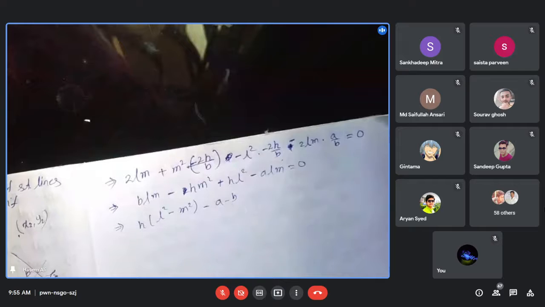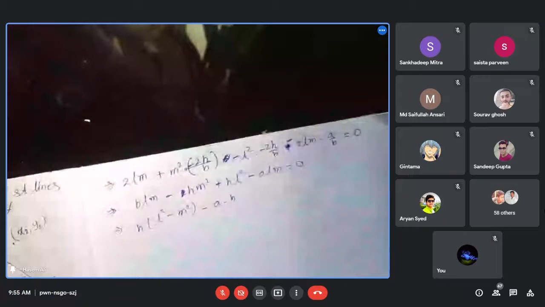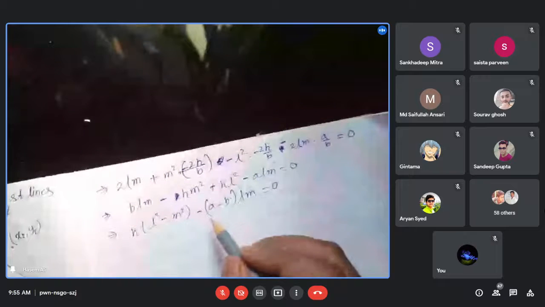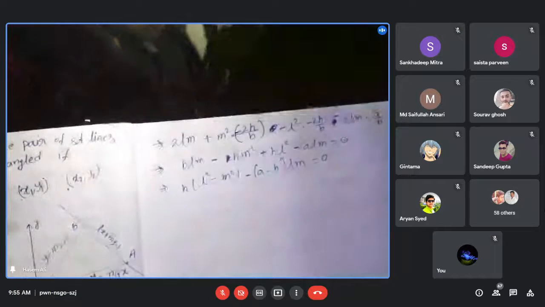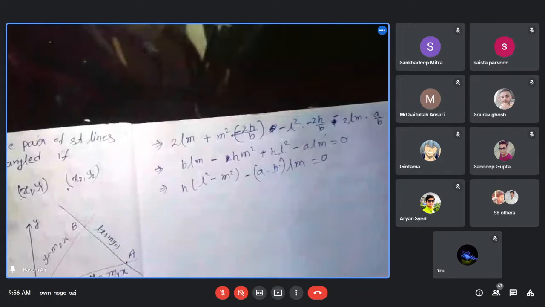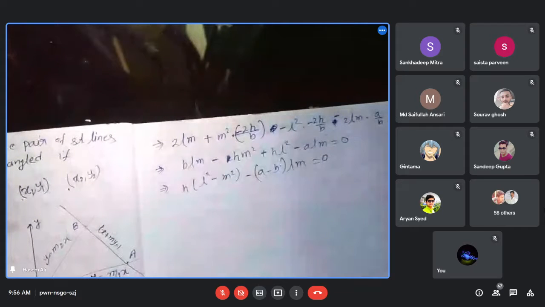What is the condition? Minus a minus b into L m equals to 0. This is the condition. h into L square minus m square minus a minus b into L m. Okay.